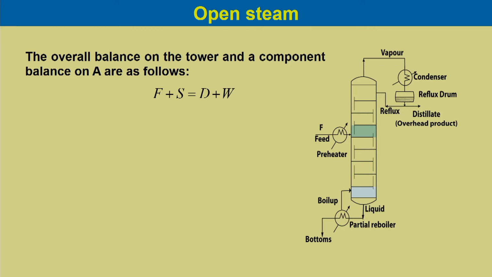Now, if we use the balance equations, the overall balance on the tower and a component balance on A, this is the overall balance: you have feed F and live steam injected S, which would be equal to the distillate D and the bottoms W. Now, if we do the species mole balance, F into ZF plus S into YS would be equal to D xD plus W xW.